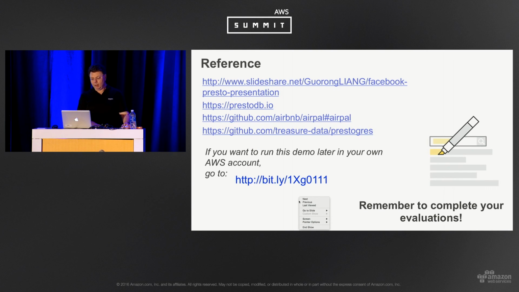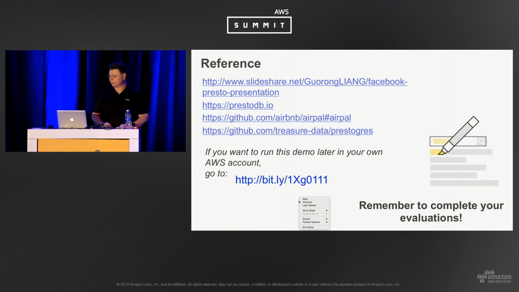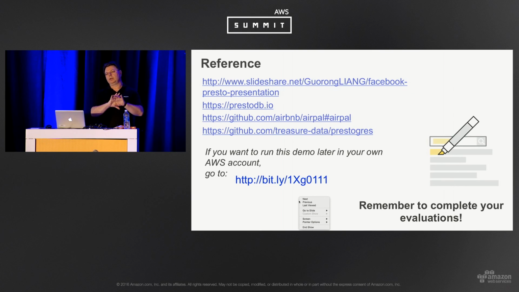Okay, that's it. Some references there if you want to explore some other things. You can copy the shortened URL down if you want to go back later with your own AWS account and try out that exercise. The exercise that I have there does two things.